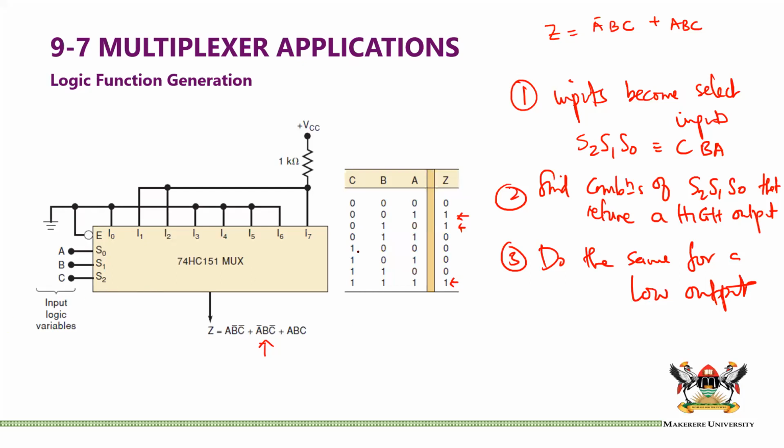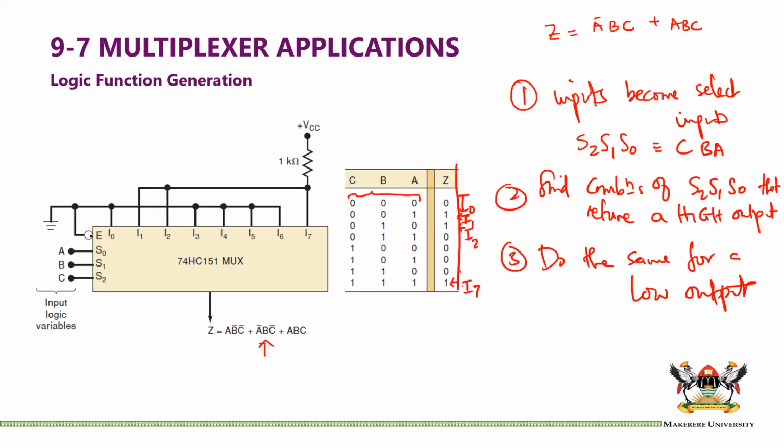So now let us see. In this case, we can see that when CBA is 0, 0, 0, Z is 0, and we need to ensure that I0 reaches the output. This is I0, I1, I2, all the way to I7. In other words, when our select inputs are 0, 0, 0, our output is a 0, so when I0 goes to the output of the multiplexer, it should be a 0.